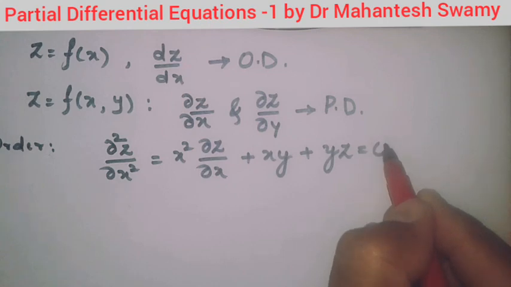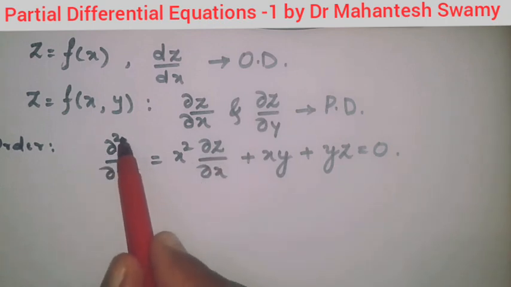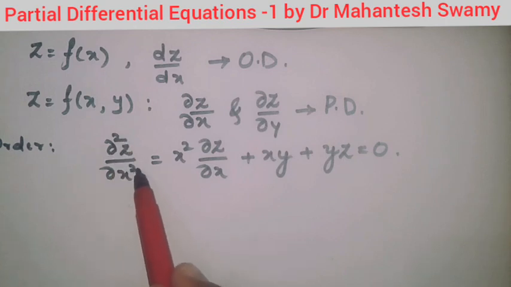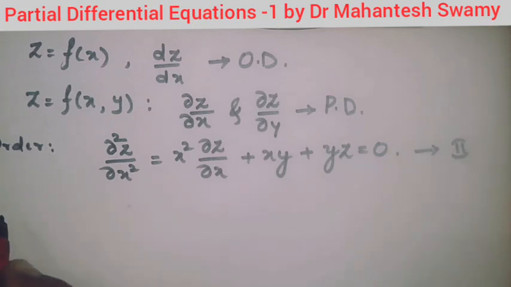So this is the differential equation. Of course, it is a partial differential equation because the partial derivatives are involved. And now this partial differential equation is of second order, as the highest order derivative term appearing is of second order. So it is a second order PDE.